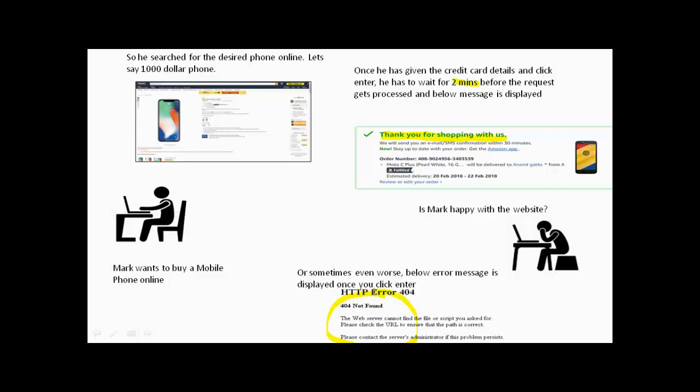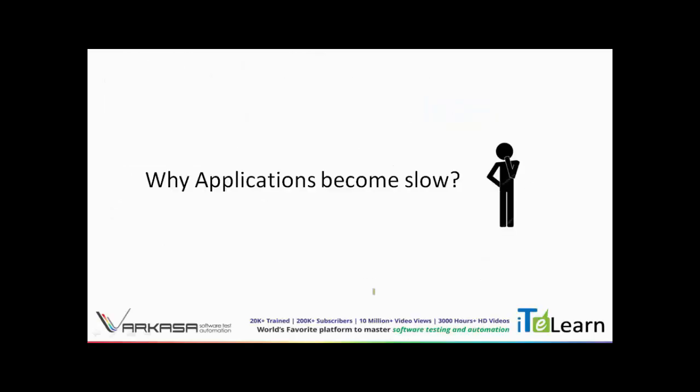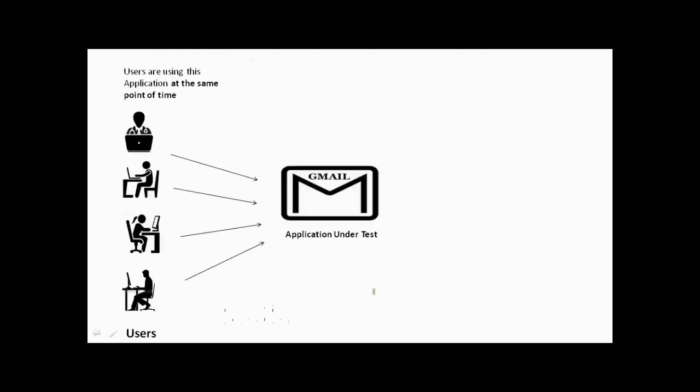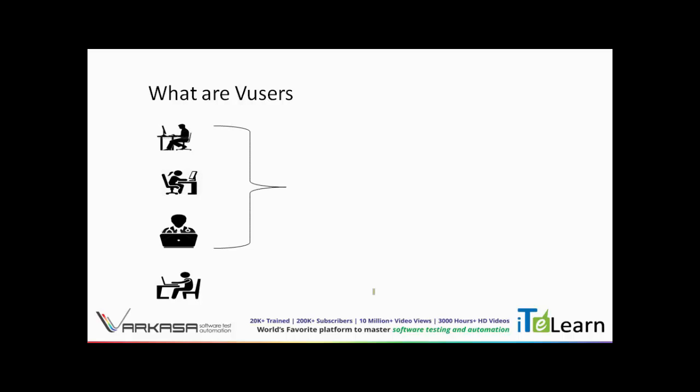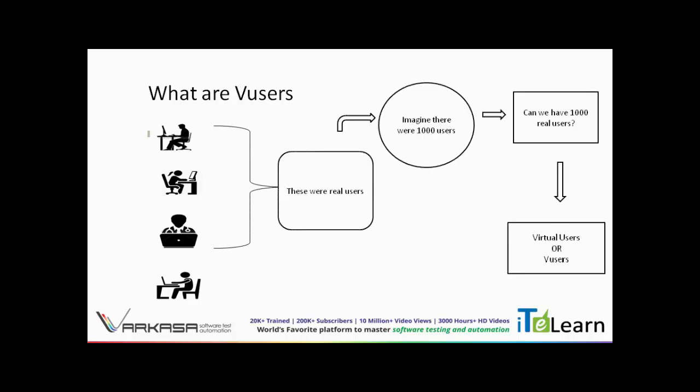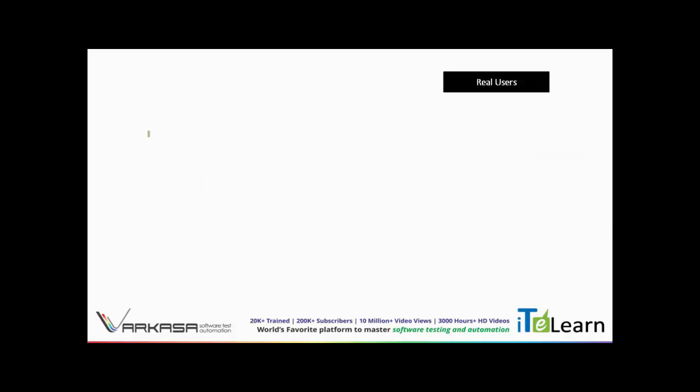So this is something that we discussed in the last class, and not only this, we discussed that performance testing will not be done by real users, but by somebody called virtual users. So what are these virtual users?